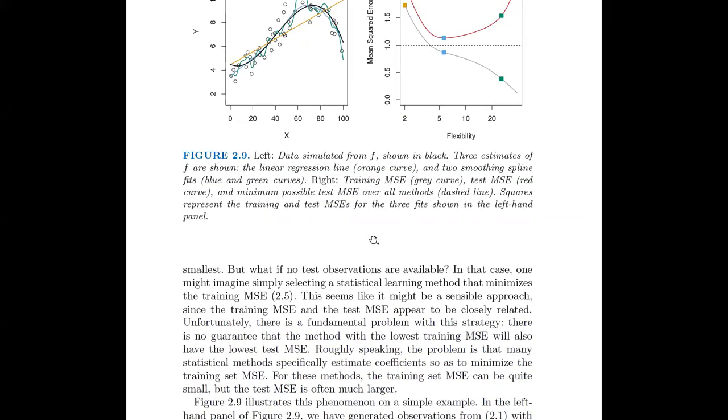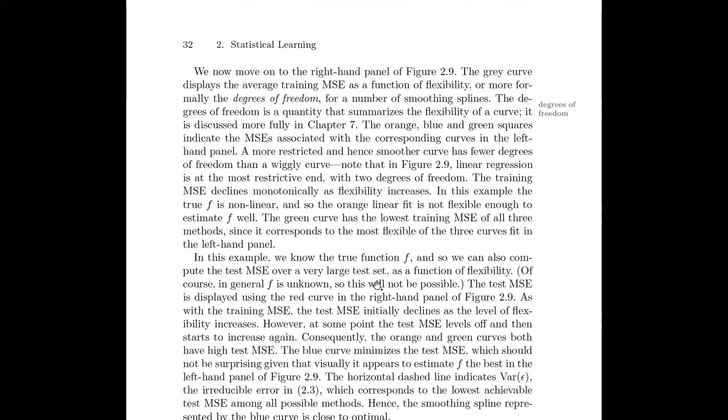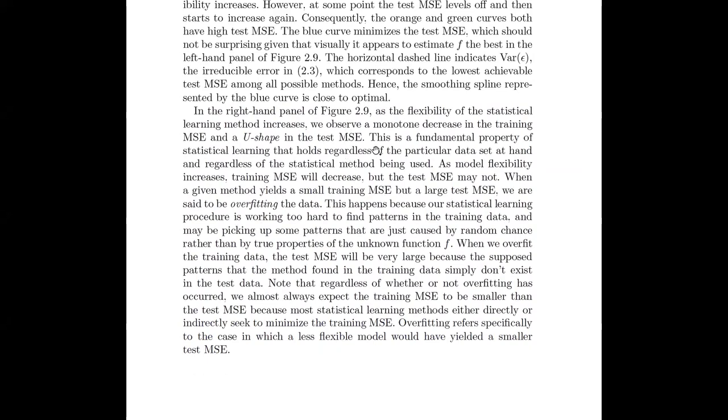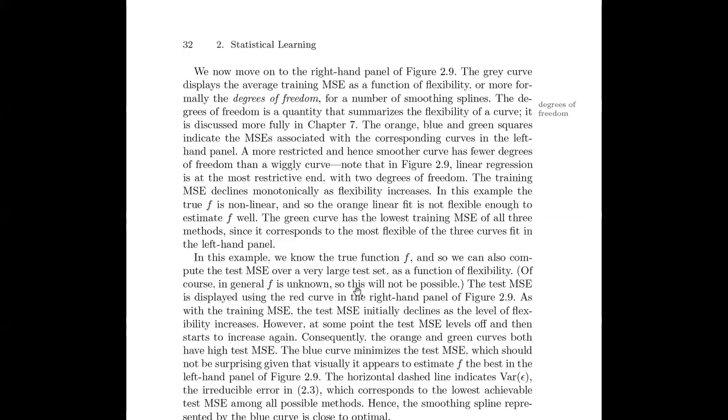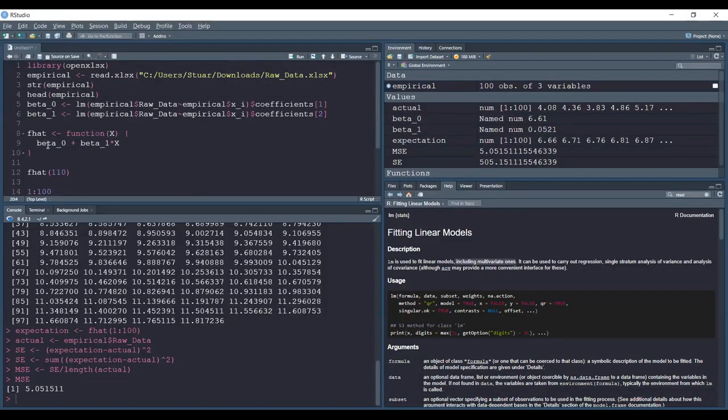In fact, the book goes on to say, and we can end over here, something about linear fitting: linear regression, which is what we created when we ran the LM function, gives you the linear model that reduces the mean squared error by definition.